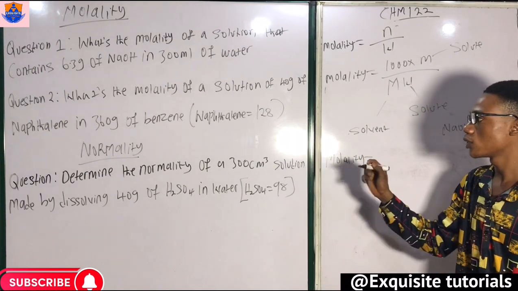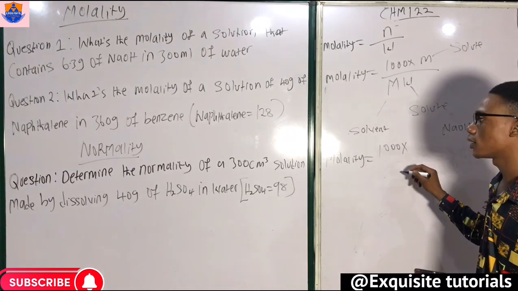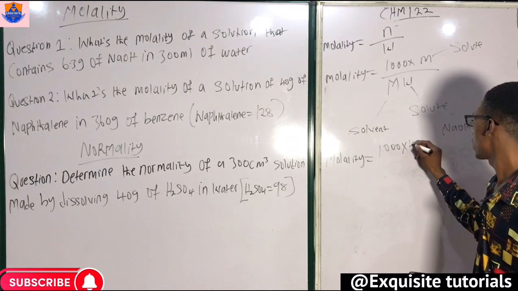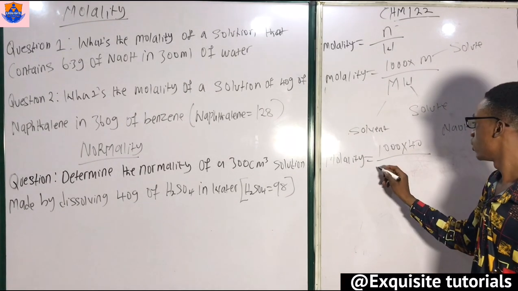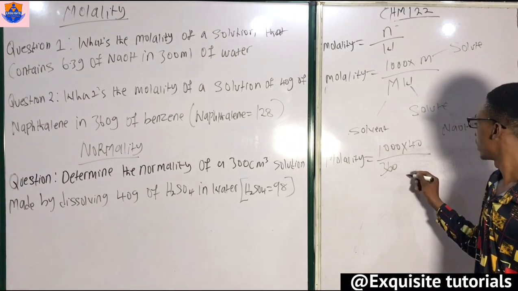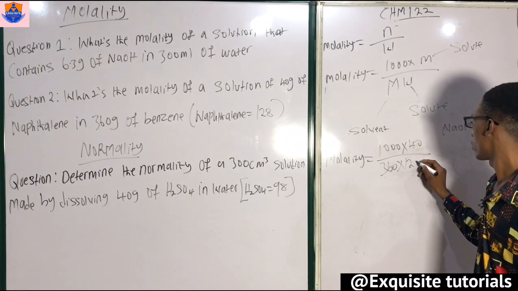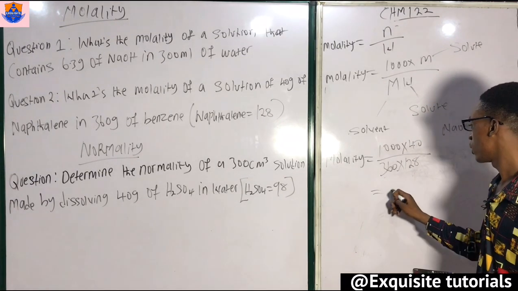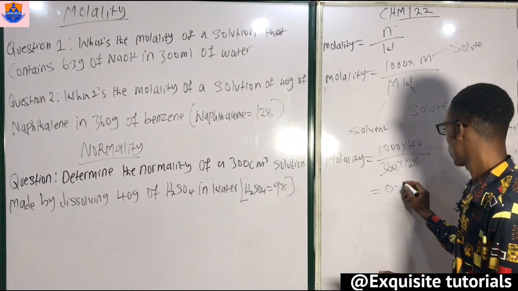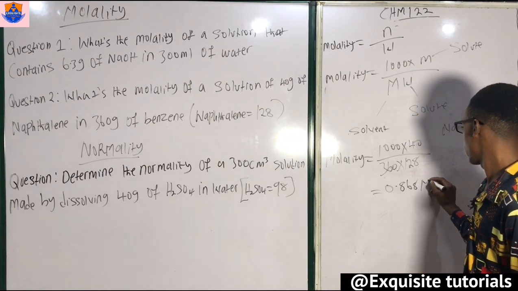Now naphthalene is our solute, so we have 1000 times the mass of the solute, which is 40, over the mass of solvent used, times the weight of naphthalene, 128. So what should our answer be? This is actually 0.868 molal.